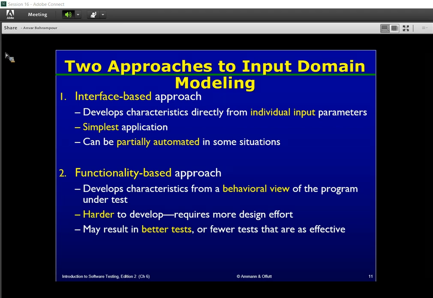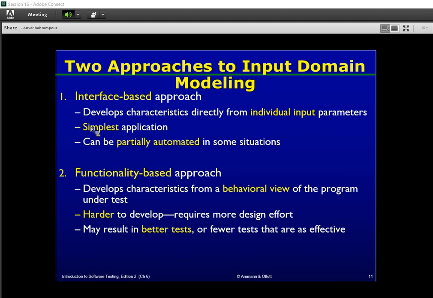This is just the zero element, and the other block consists of values which are greater than 0. So in this approach, we treat our input parameters mechanically and consider each input parameter in isolation.